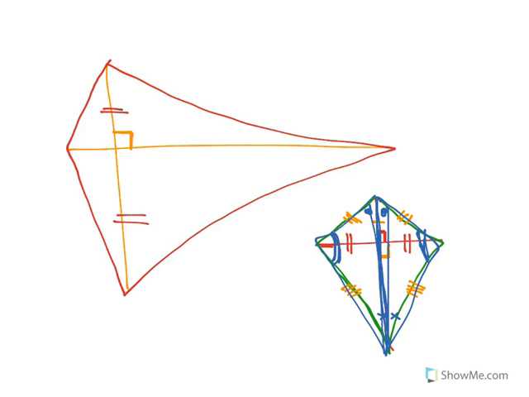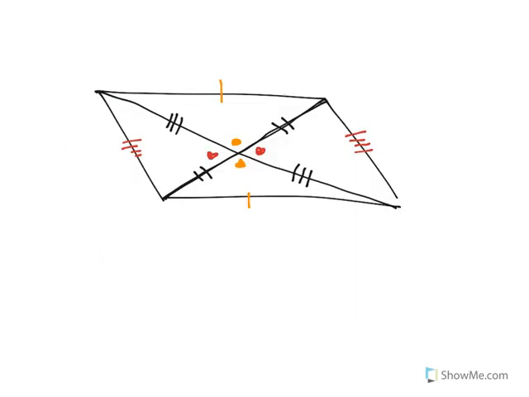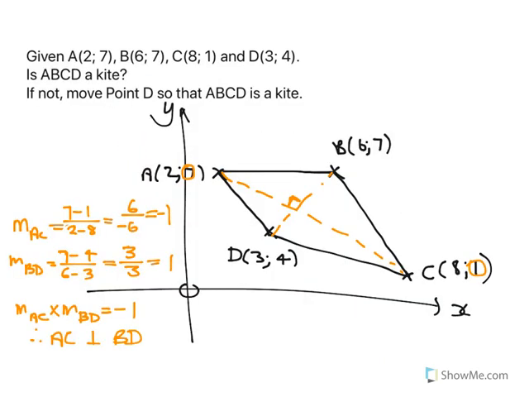So anyway, this is all to say, just showing that they're perpendicular is not enough to show that it's a kite. But if you show that they're perpendicular and that the one diagonal bisects the other, then that proves it's a kite. So over and above showing that they're perpendicular, I also need to show that this point over here is the midpoint of BD.